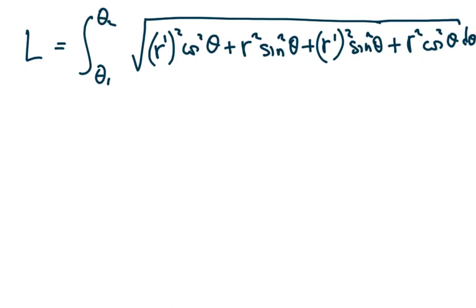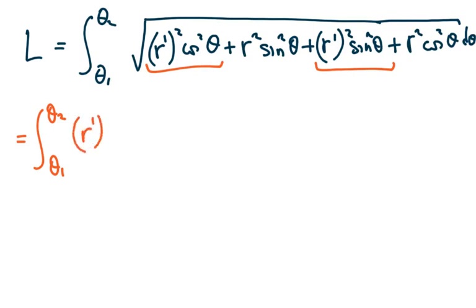Okay, so we can see here, continuing the algebra, that these two terms have r prime in common. So let's put this together. That will be r prime squared times, and see that what remains here, cosine squared plus sine squared, is just 1. So we put just 1.